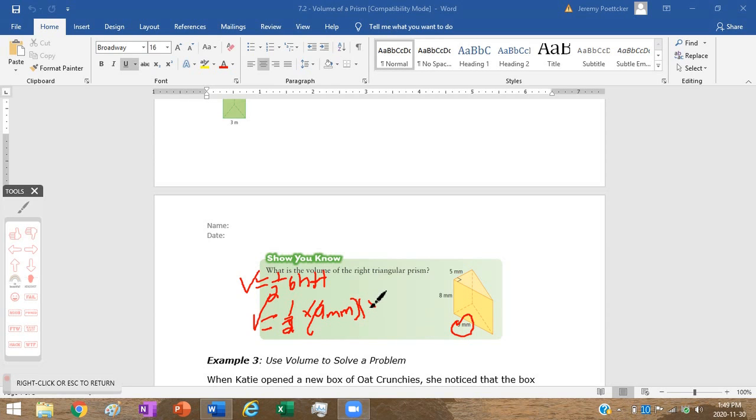Sorry, and 5 millimeters here is going to be my height of my triangle, times the big H. The height of the prism is 8 millimeters.